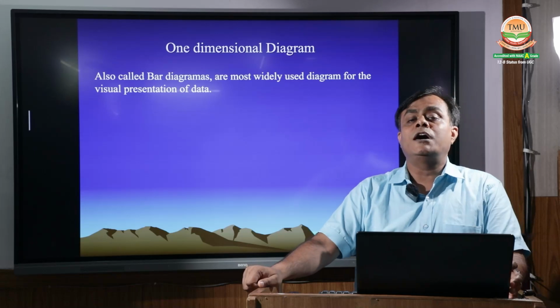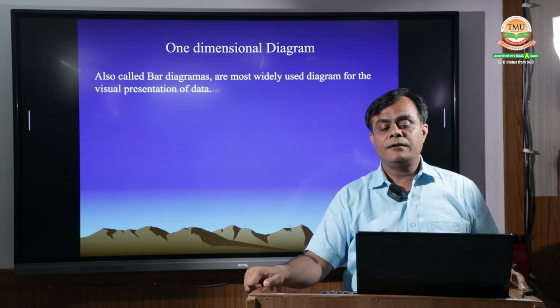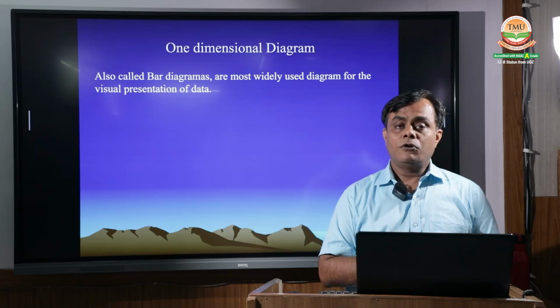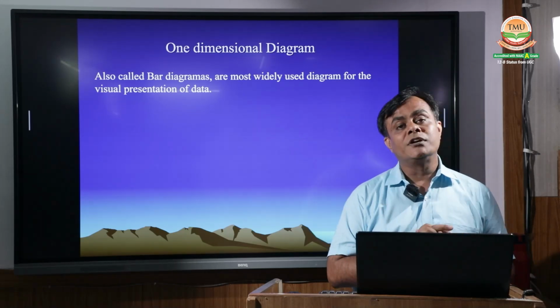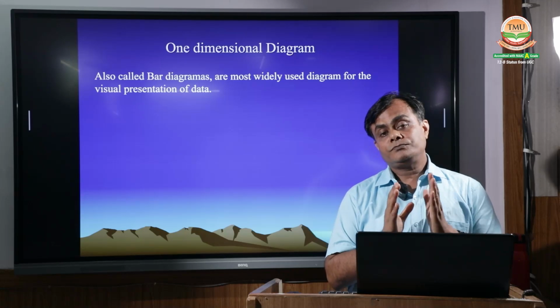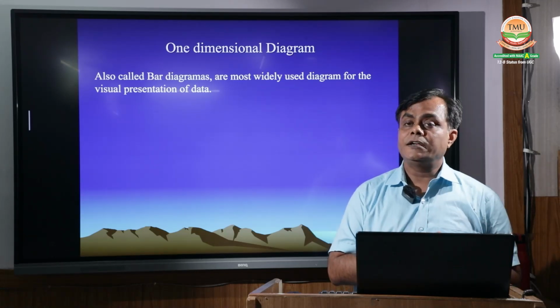So when you want to present data in a very easy manner to your reader, it is better to use a diagram.